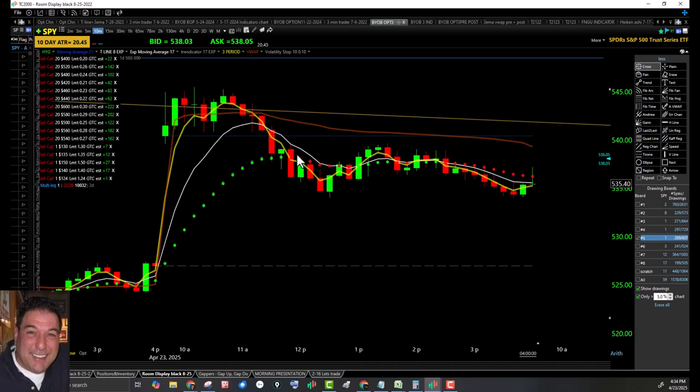Then we did a little charity bounce, which gave you kind of a 10-minute uptrend, but it wasn't over VWAP, which made it impossible to play unless you were trading 2-minute uptrends.